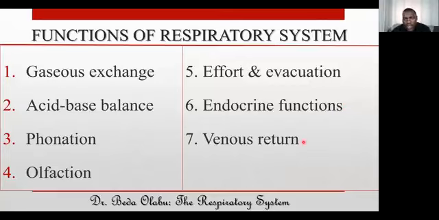Another key role of the respiratory system, now maybe not the lungs per se, but the chest wall in general, through the action of ventilation, is that as we breathe in and out, we promote venous return. When the chest wall expands, the pressure within the chest goes down.